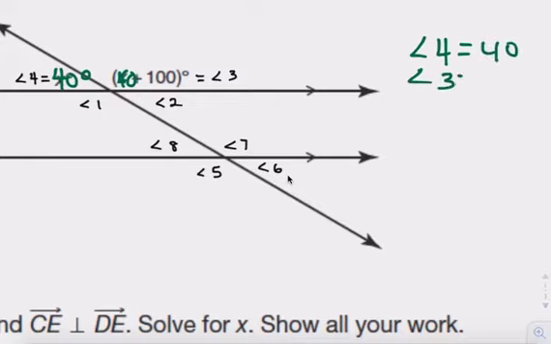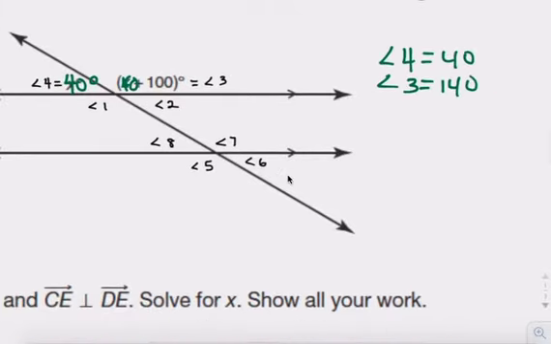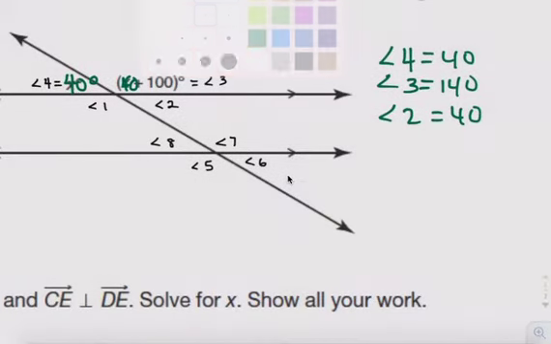Measurement of angle 3 is 140, because together they need to make 180 degrees. Okay? And then vertical angles are congruent. So measure angle 2 is 40. And these two right here are congruent. This is 140, the other one is also 140, measurement angle 3.